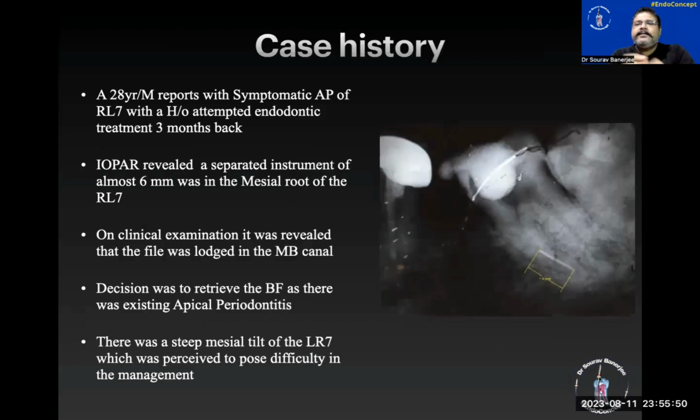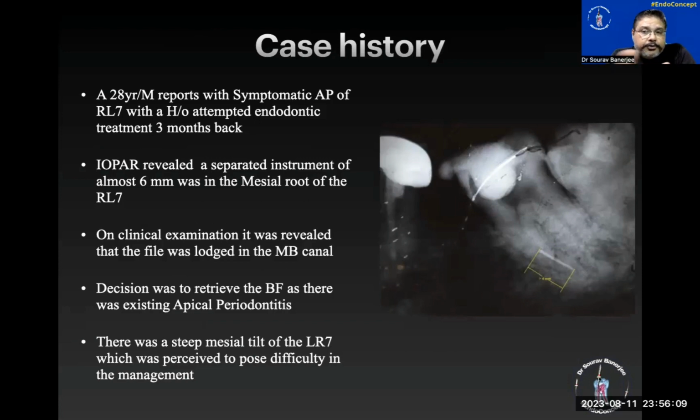So these are the most popular reasons due to which a file fails. Now let's see this case report. When we did the treatment, the subject was about 28 years old, and was having symptomatic apical periodontitis, and he was in a lot of pain.